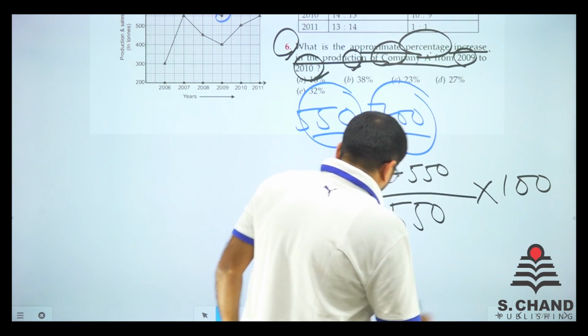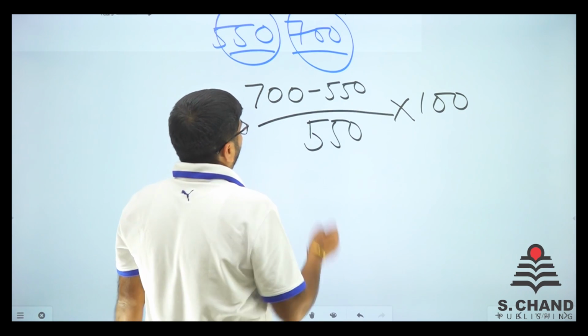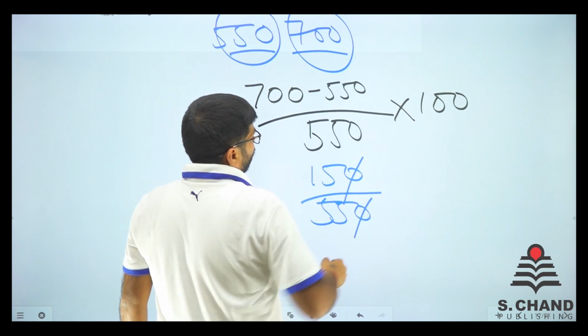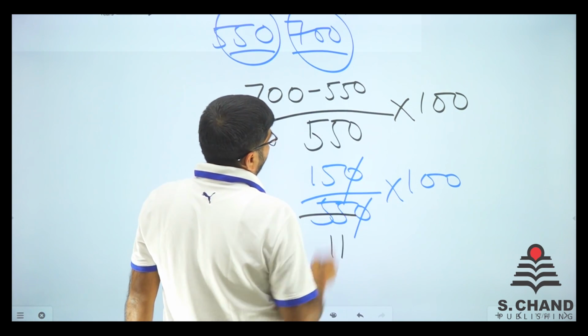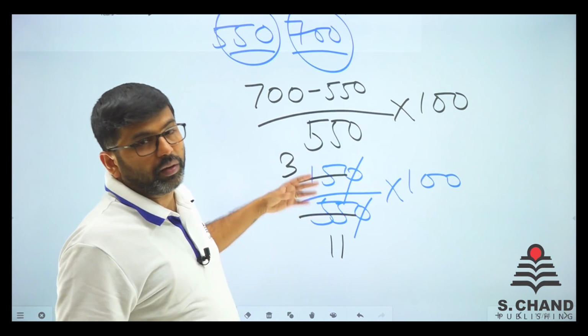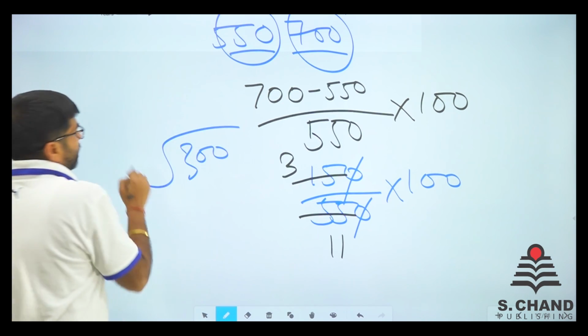Now we move on to this question. Do one thing. 700 minus 550 is just 150. Divide by 550, the zero is gone, into 100 is still there. So 55 is 11 times and this is like 3 times. So we have done directly 5 multiplied by 5. So what we need is 300 divided by 11.